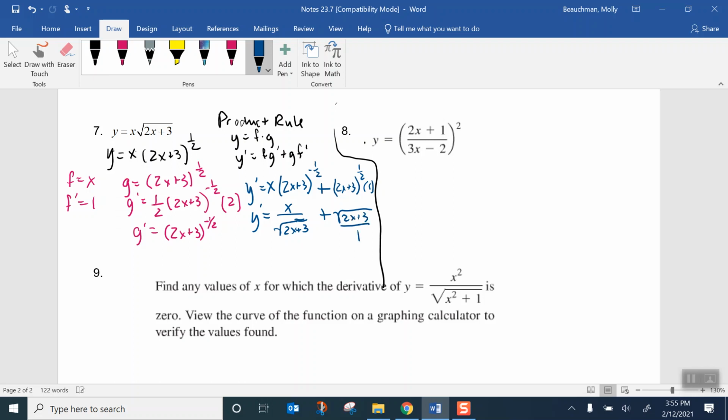You can write that over 1. You can now get a common denominator so you can add those two fractions together. The common denominator is the square root of 2x + 3. So we multiply each fraction by the common denominator so we can add them together.